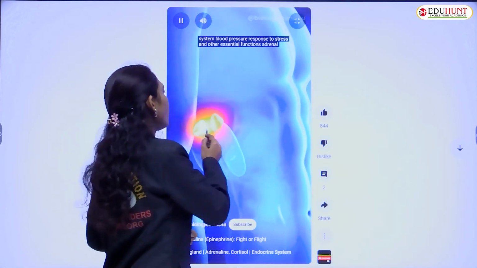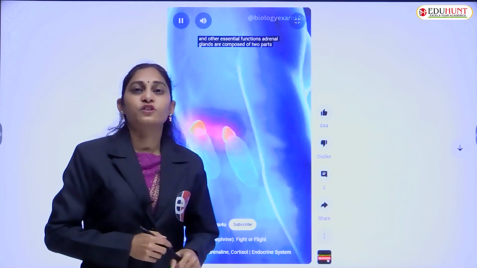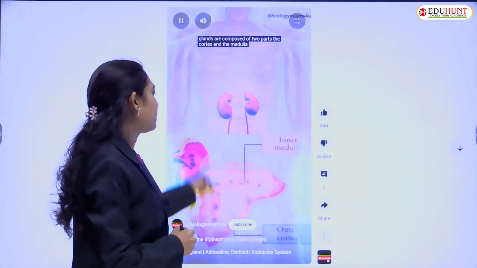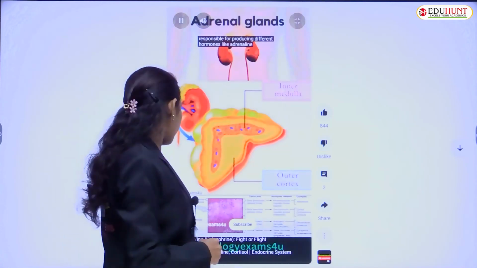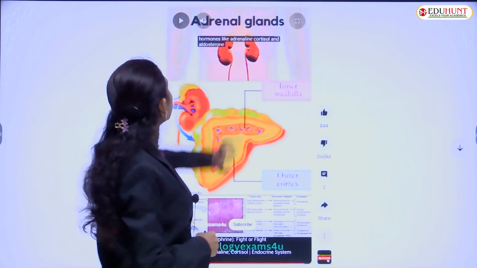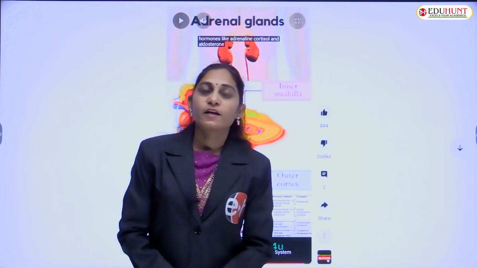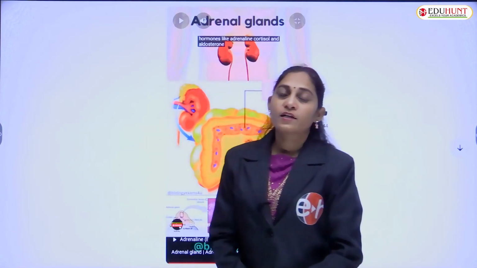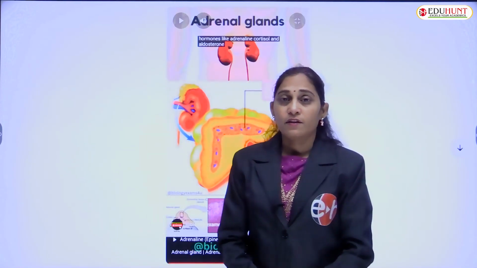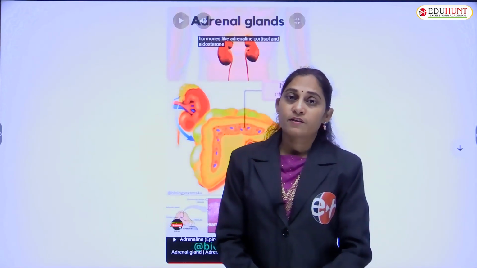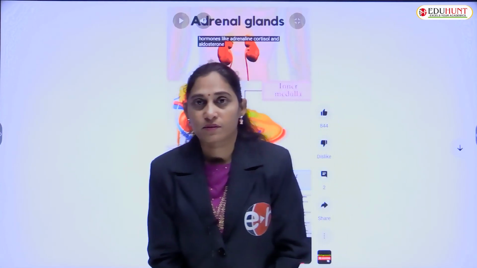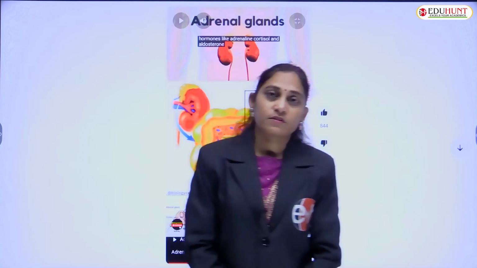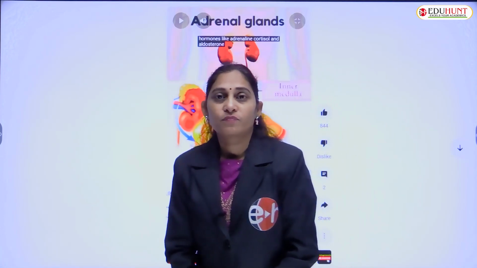These are the orange color structures in the picture, the adrenal glands. These adrenal glands are suprarenal in position and they are separated regionally into two regions, adrenal cortex and medulla.